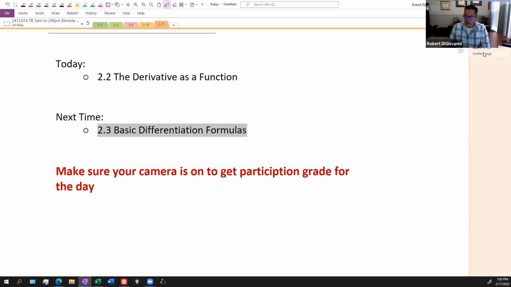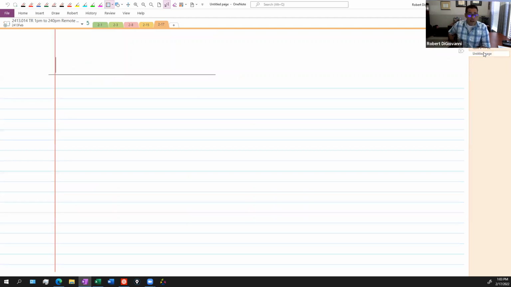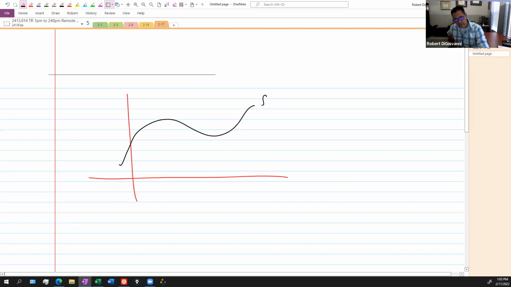All right. So the two main ideas from last class were that if you take a curve, function f, you go to some arbitrary point A, go up to the curve, we can find the slope of that tangent line by computing one of two limits, and it was our choice which one to use.